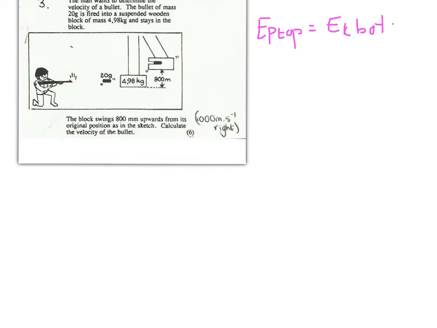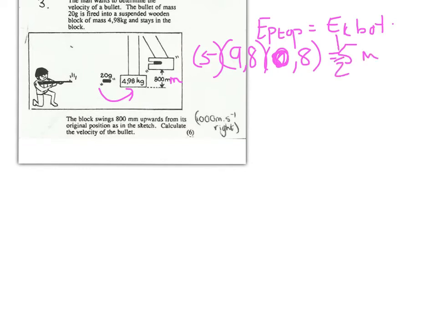and that is going to be equal to, surely it's not 800, it's 800 millimeters. Sorry, the picture's been chopped a little bit. So you've got 0.8 meters, and M, we've put these two things together, so it's going to be 5 kilograms, because I had to change the 20 grams into 0.02 kilograms, and g is 9.8, and my kinetic energy at the bottom is going to be m again, and a half mv squared.